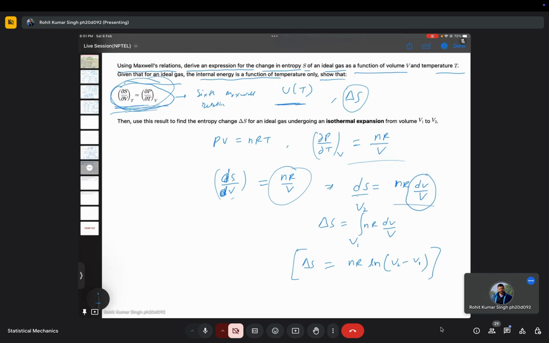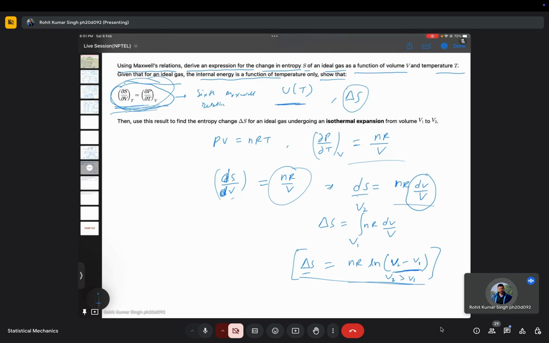So you see, entropy is always positive, as you can see here. This is positive only when V2 is greater than V1, right?